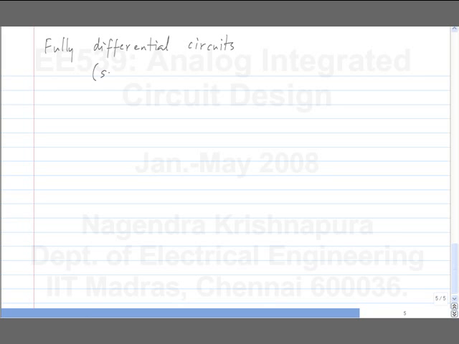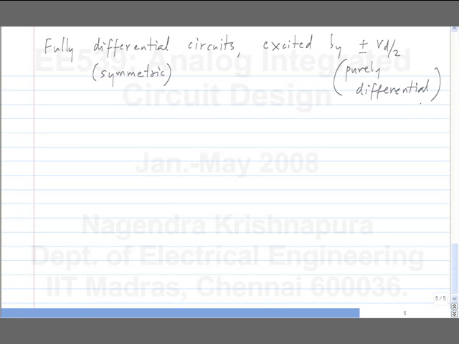Fully differential meaning every part of the circuit is symmetric. If you excite them with antisymmetric inputs, that antisymmetric input is also known as purely differential. Okay. That means that the common mode component is 0. Okay.